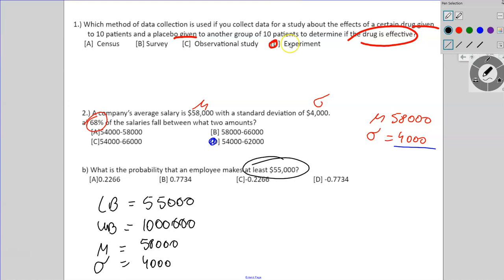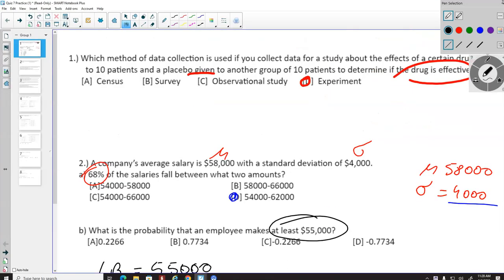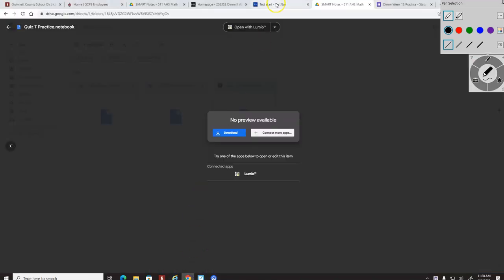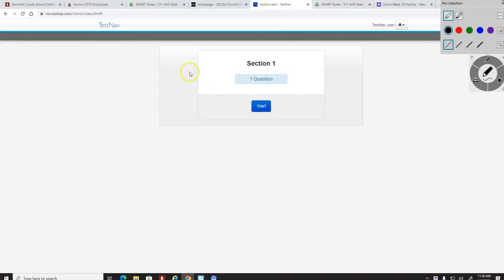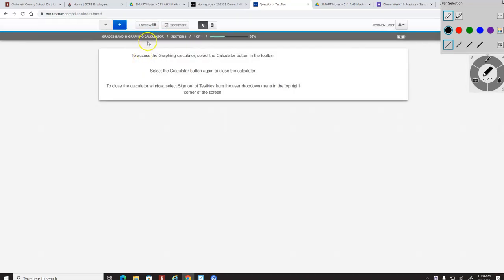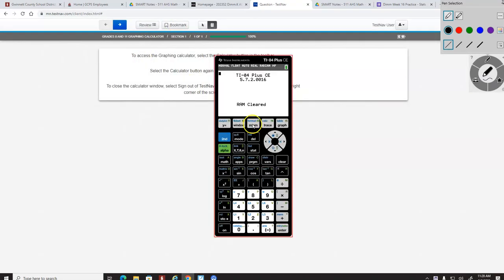Okay, I'm going to use my calculator. Again, your teacher should have it listed. I have it on my e-class. So we're going to go to second vars, the second option, enter. My lower bound is 55,000 because he wants to make at least 55,000.